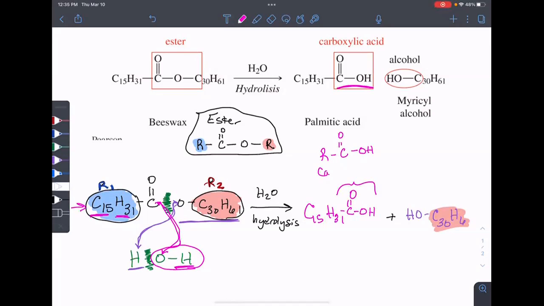This is a carboxylic acid. The other molecule is going to have an alcohol in it. So anything that has an OH and an R group is an alcohol. And so you're going to make a carboxylic acid and an alcohol. All right. If you have any questions, let me know.